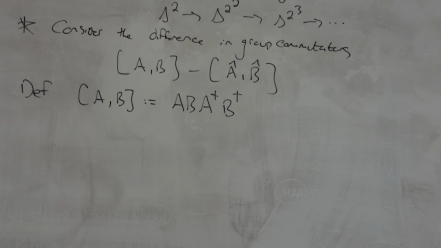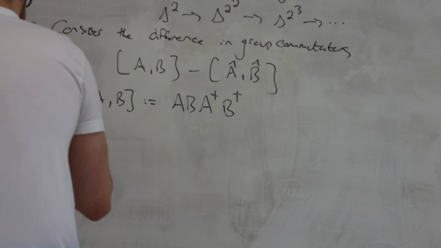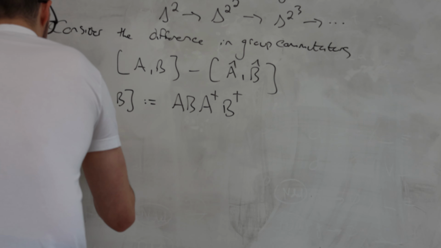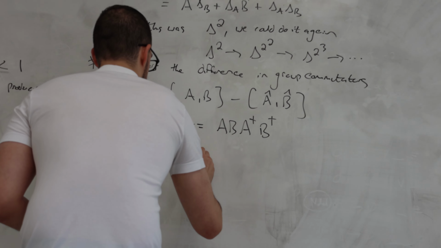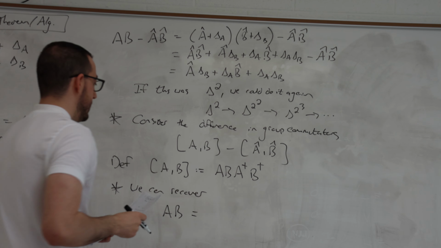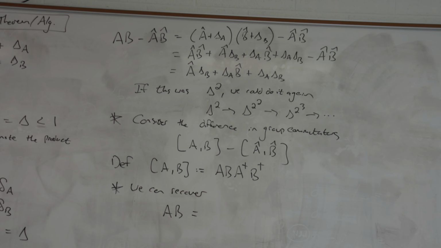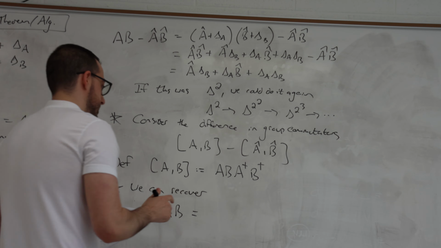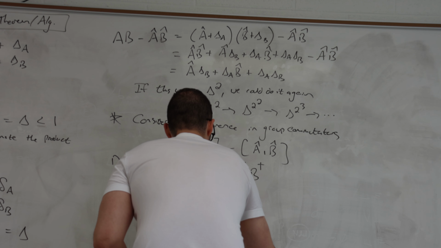The other important thing to note is that from this definition, very importantly, we can recover the thing that we actually care about, which is the product A times B, from this group commutator. Right? This is what we care about, A times B. This is the quantum circuit that we want to compile. How would we do that? Well, it's easy to see from this definition.